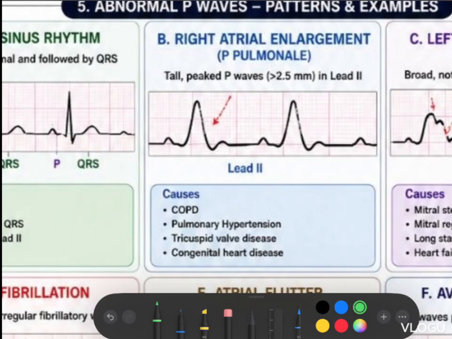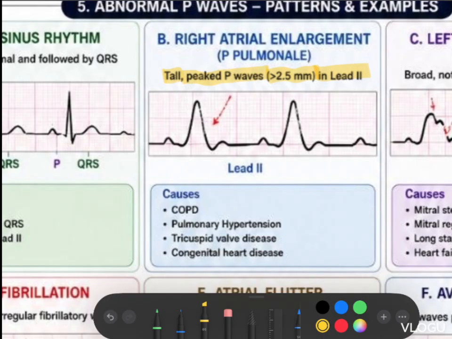For example, if a patient has COPD, pulmonary hypertension, tricuspid valve disease, or congenital heart disease, in the ECG we can see tall peaked P waves greater than 2.5 mm in lead 2.